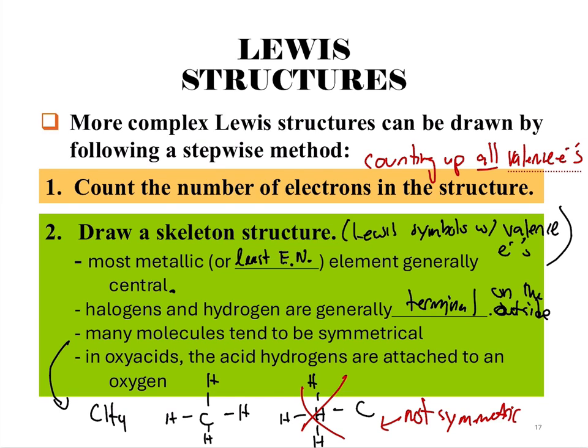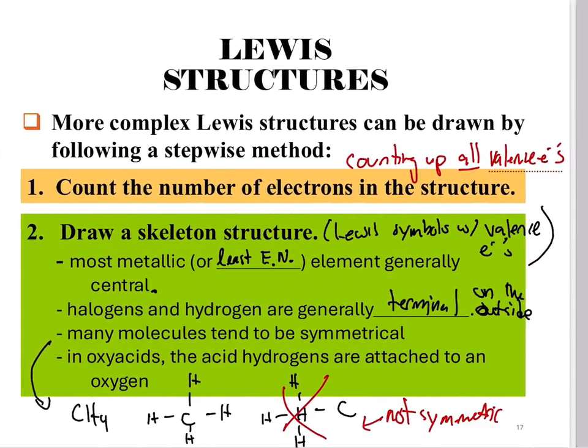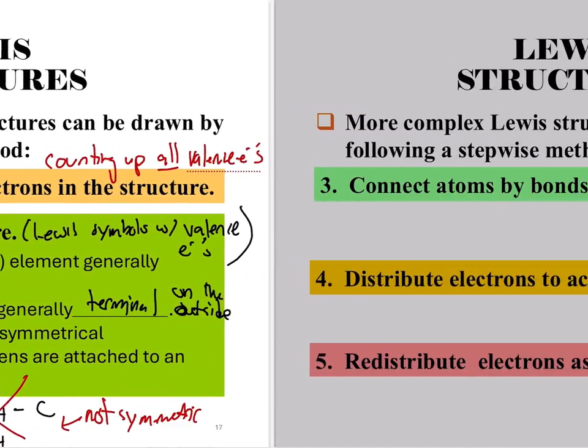And then if we have something like an oxyacid or an acid of some sort, generally you have a hydrogen attached to an oxygen. We'll talk more about that when we go over acids and bases later in the semester. But if you're given a Lewis structure that is an acid, you'll have a hydrogen attached to one of the oxygens. So this is your first step: you're going to draw your skeleton structure.